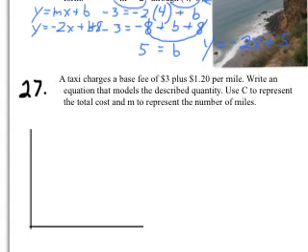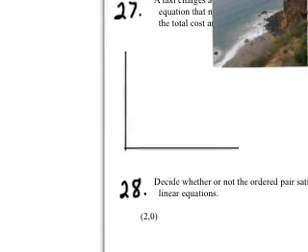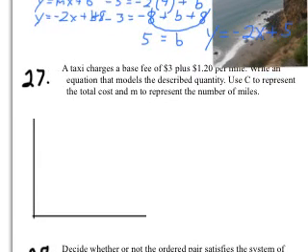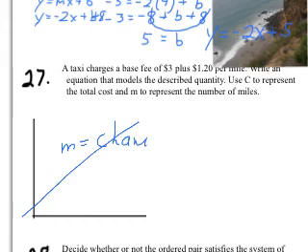Number 28. A taxi charges a base fee of $3 plus $1.20 per mile. Write an equation that models the described quantity. Use C to represent the total cost and M to represent the number of miles. Now, if you remember, when we graph these things, the slope, the m, is the change in rate.